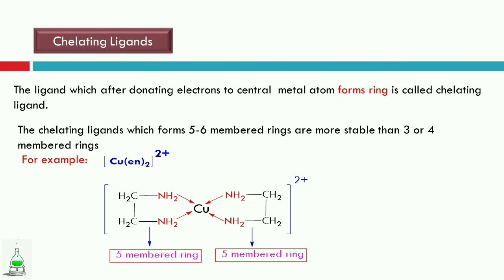Here the chelating ligands which form 5 to 6 membered rings are more stable than 3 or 4 membered rings. We have an example in bis ethylene diamine copper 2 complex. The 2 ethylene diamine ligands are going to make 4 coordinate bonds with the central metal atom, and they are going to make 2 5-membered rings.